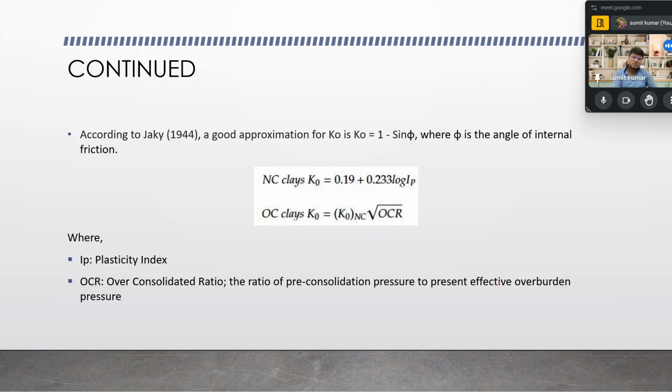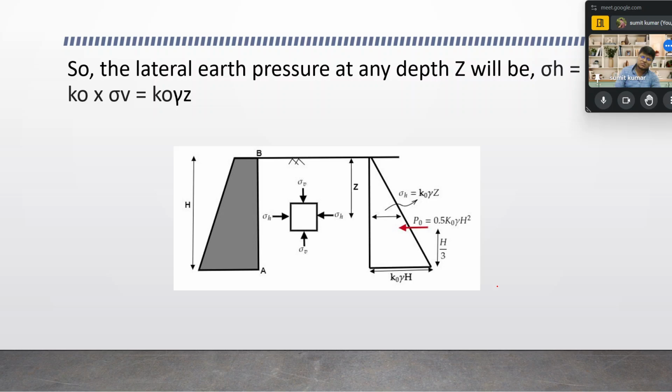For over consolidated clay, the earth pressure coefficient at rest is K naught NC into root under OCR, where OCR is the over consolidation ratio, the ratio of the pre-consolidated pressure to the present effective overburden pressure. This needs to be clear for a better understanding of what we are discussing.